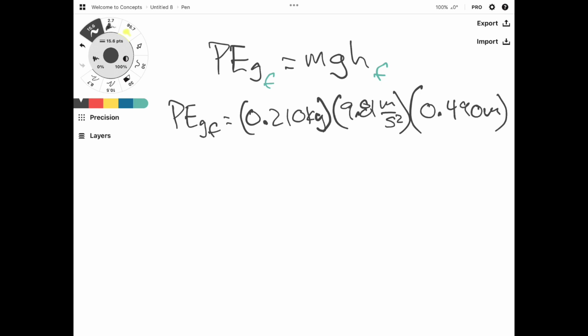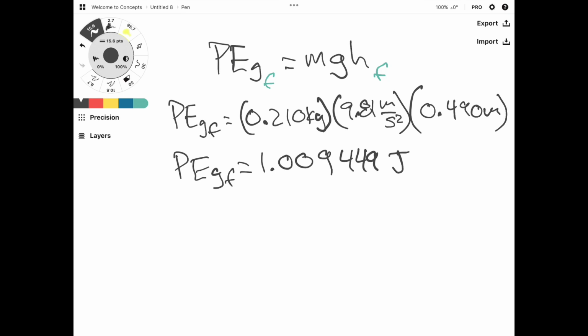So my potential energy due to gravity final is going to be less than what I started with, which makes sense because I'm lower and my mass is the same and I'm still on Earth, so my acceleration due to gravity is the same. And so my potential energy due to gravity final is 1.009449, not newtons, joules, because a joule is a kilogram times a meter squared over a second squared, or it's a newton times a meter.